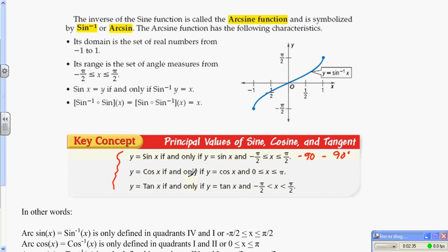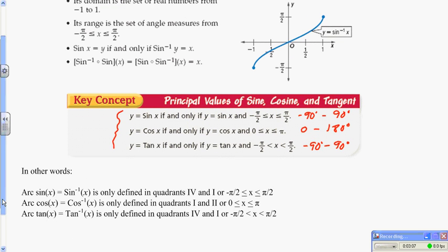Cosine was shifted over a little bit, so the piece they use for cosine is 0 to pi, or 0 to 180 degrees. Tangent has the same as sine, so in degrees, negative 90 to 90 degrees. So that is our window. That is what we're going to look for in our answers.